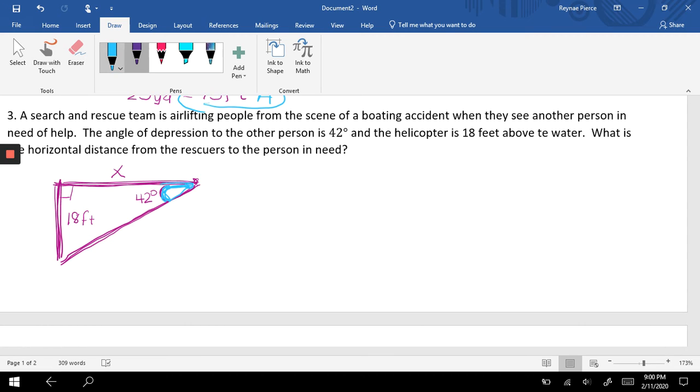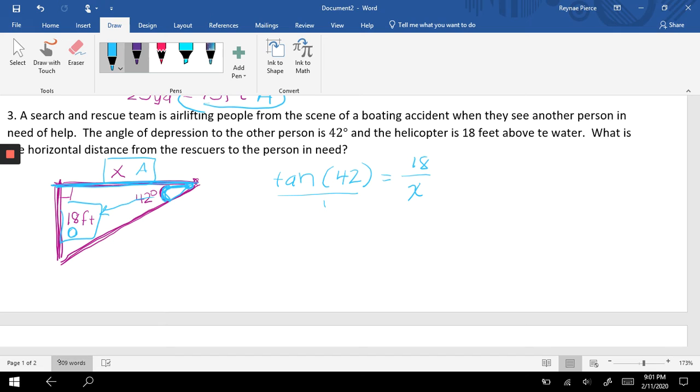Okay, from the vertex to the right angle, that is always our adjacent side. And then here we travel across the triangle. 18 is your opposite. So again, opposite and adjacent is tangent. So tangent of our angle, this time we know the angle, is opposite over adjacent.